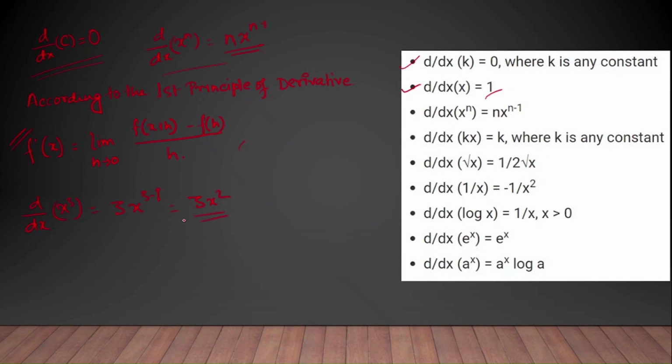Or suppose you have d/dx of 3x square. We take the constant 3 in front, so it is 3 times d/dx of x square, that is 3 times 2 times x^(2-1), which is 6x.